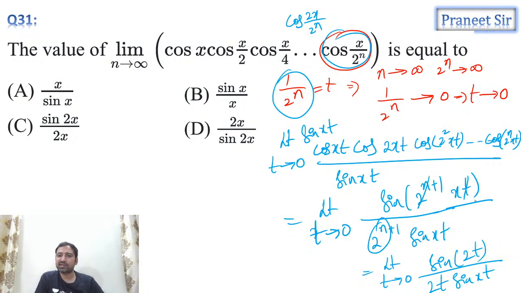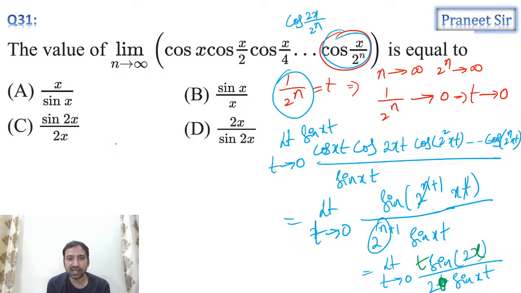Alright, here it is 2x, guys. It is not 2t. Sorry, in the last step, it is not 2t. It is 2x, correct. And this is not t here; t should be there. Now it is correct, guys.